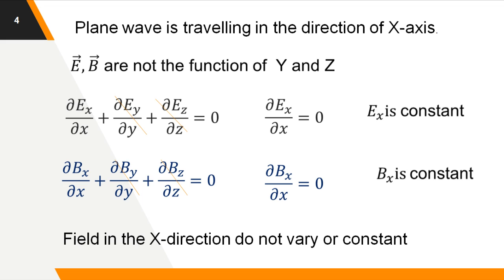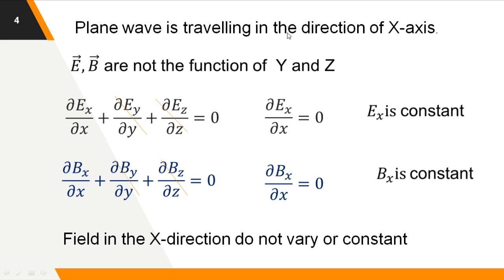If a wave is traveling along the x-axis, E and B are not functions of y and z. Suppose the wave is traveling along the y-axis, the electric and magnetic fields are not functions of x and z. If the wave is traveling along the z-axis, the electric and magnetic fields are not functions of x and y. So that is taken into consideration. Again, carefully go through it.